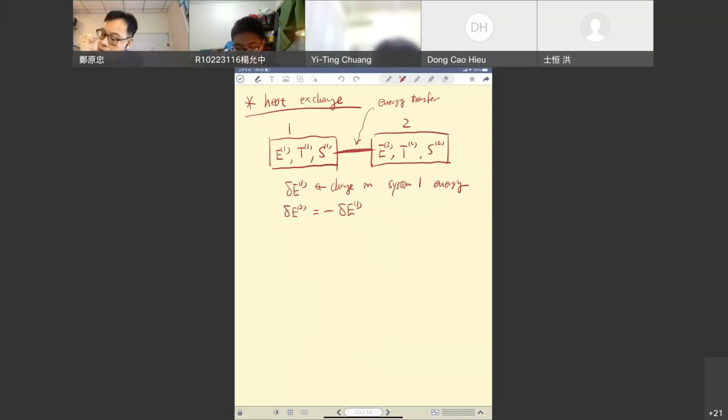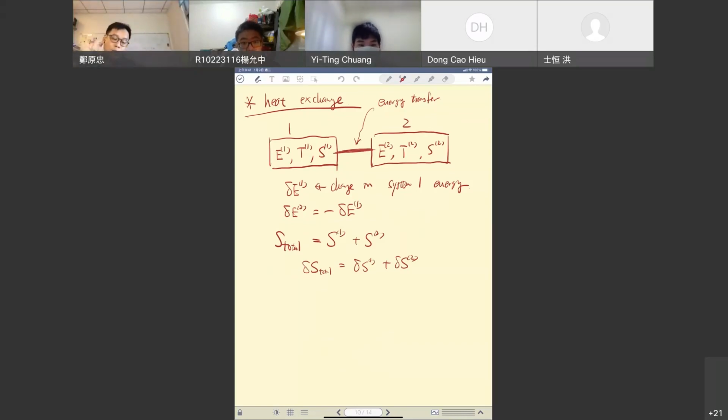Then, since entropy is extensive, meaning if you have two systems, the total entropy will be the entropy of system 1 plus the entropy of system 2. So the change in total entropy will be the change in entropy in the two systems.